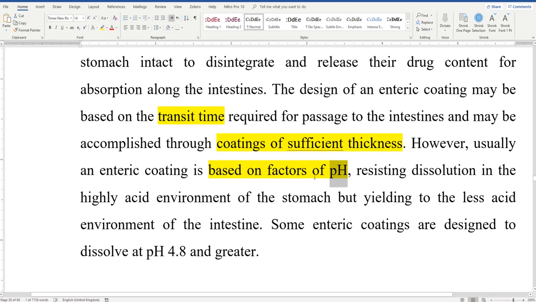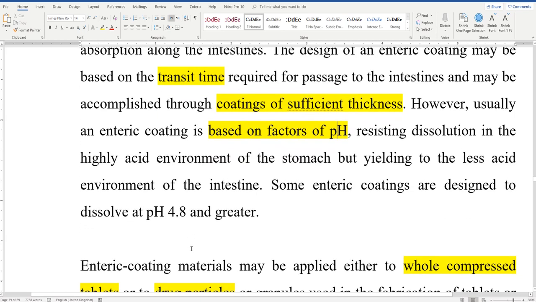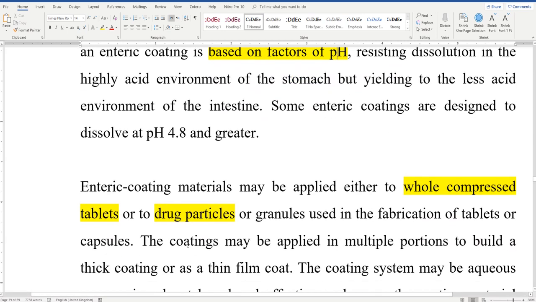At acidic pH, meaning 1, 2, 3, 4, they will remain intact on the tablet. But when pH goes to 5 or 4.8 and above, then they will dissolve. Of course, some polymers will dissolve at 4.8, some polymers will dissolve at 5.8, and so on, depending on the type of polymer that we use.